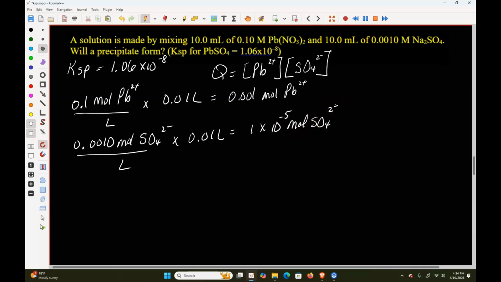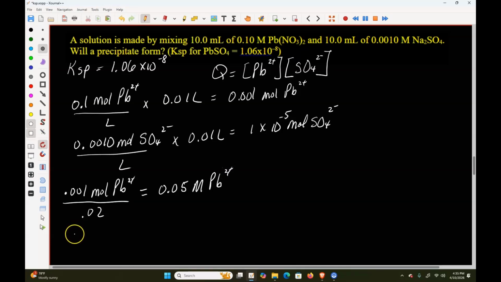Now let's get our actual concentrations. So I have 0.001 moles of Pb divided by my total volume. So that'd be 10 plus 10, that's 20, so it'd be 0.02 liters. So that would give me a 0.05 molar concentration of Pb2+.